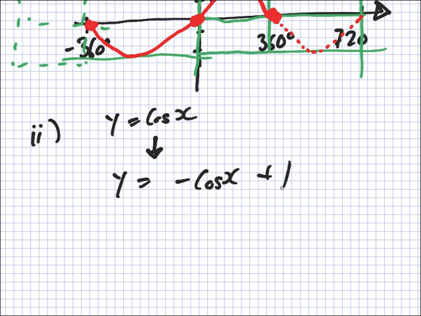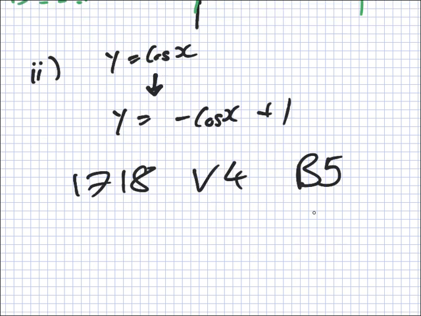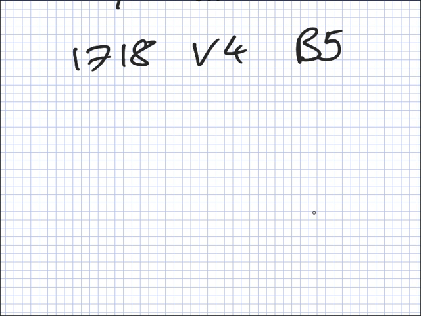Don't pick both. 1718 version 4, B5. Have a look at that. Let me just build up the motivation here.